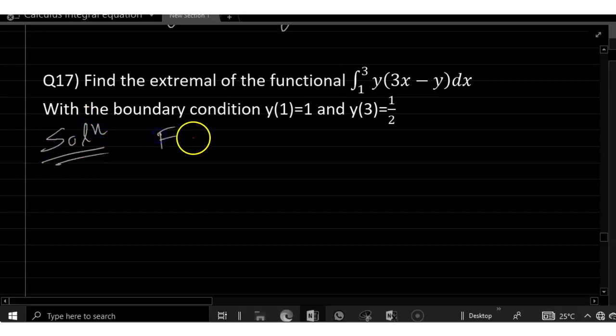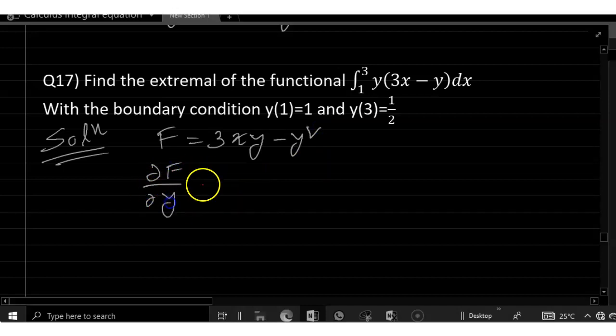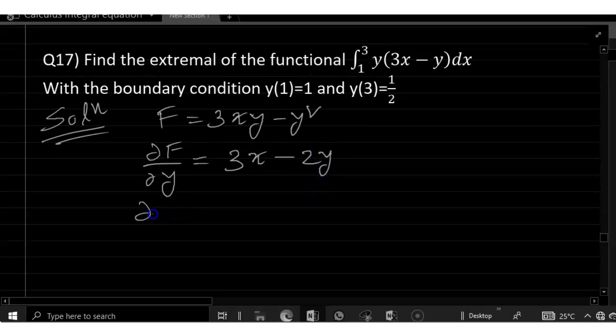F is equal to 3xy minus y square, and del f by del y equals 3x minus 2y, and del f by del y dash equals 0.